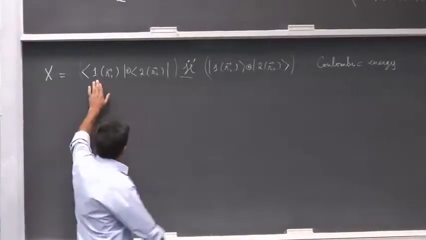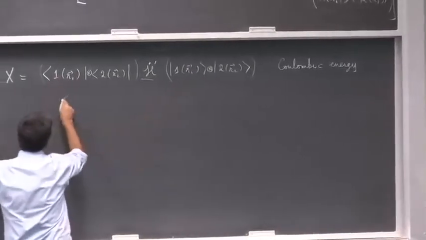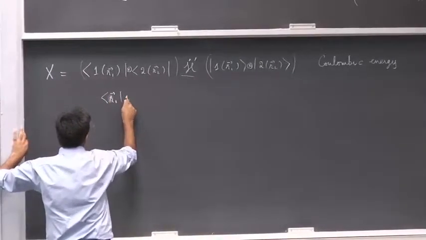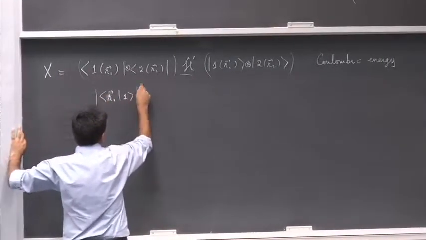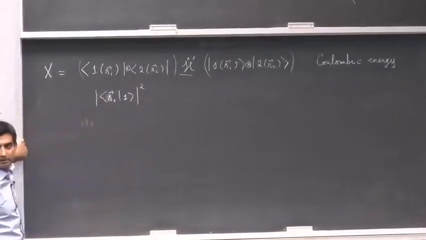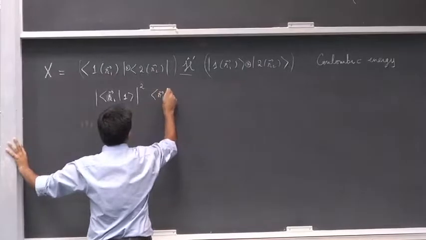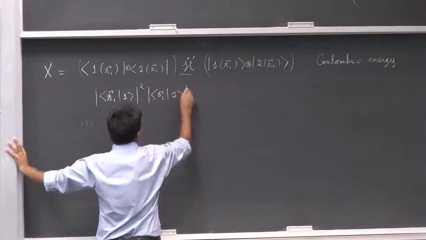See, it makes sense. This term along with this term gives you the modulus squared of psi 1 at R1. This term along with this term gives you the modulus squared of psi 2 at R2.